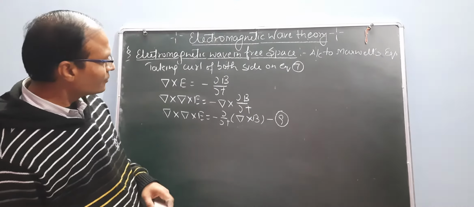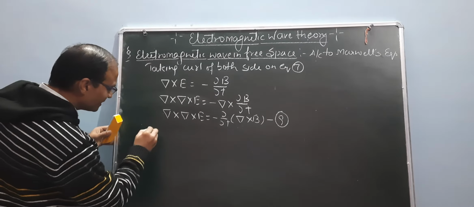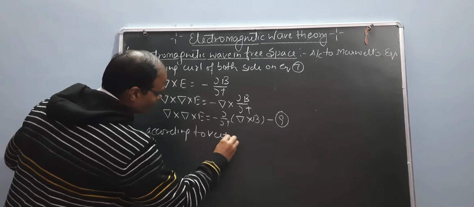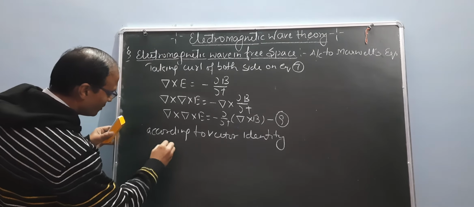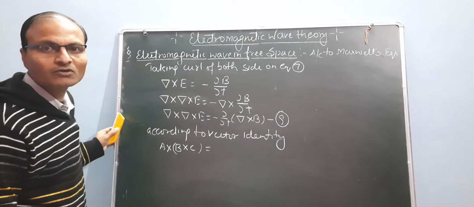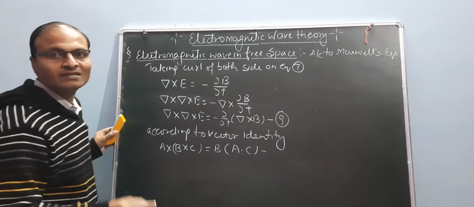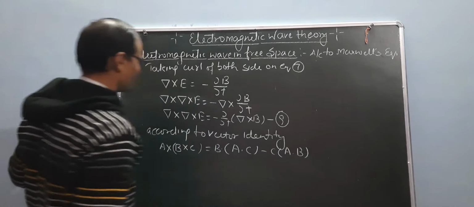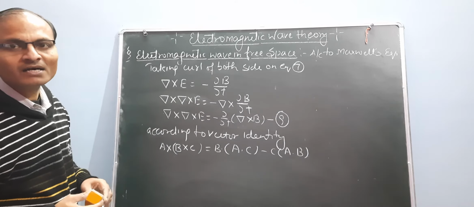Now according to the vector identity of the triple product, A cross B cross C. What is the vector identity A cross B cross C? B into A dot C minus C into A dot B. Now apply this vector identity in the above equation, equation number 9.